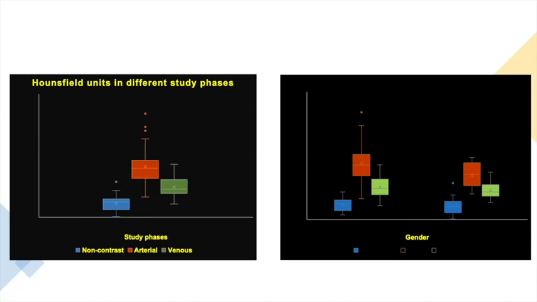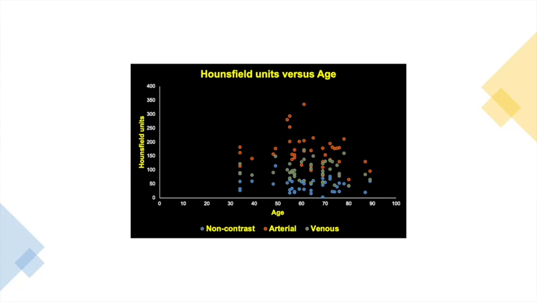Here we can see the relation between each group according to the Hounsfield unit, when they are divided according to gender. Here is the female group and this is the male group. Here we correlated the quantitative measurement of the Hounsfield unit with age, and we see overlap between the three groups.